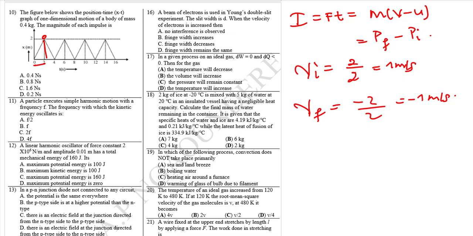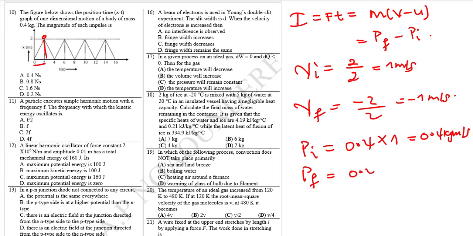Okay, so what's going to be the impulse? Let me just say the initial momentum was pi. Pi will simply be m vi, and what's our mass? 0.4. So it's going to be 0.4 times 1, which is 0.4 kilogram meters per second. What's p final?